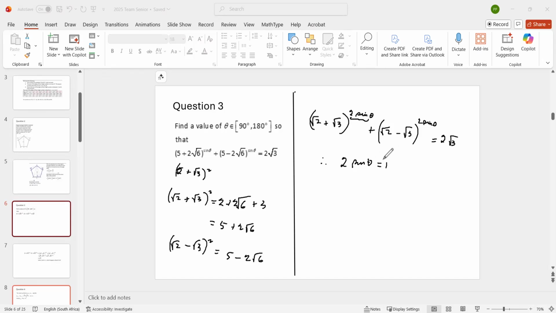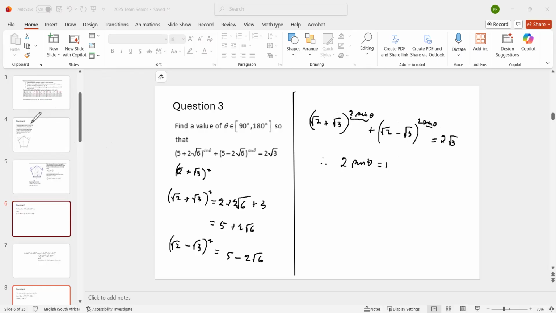Wait a minute. When I take the difference between these two, I want to say that this is 1. But then when I add this, I have to add this, you see. And that doesn't give you 2 root 3.